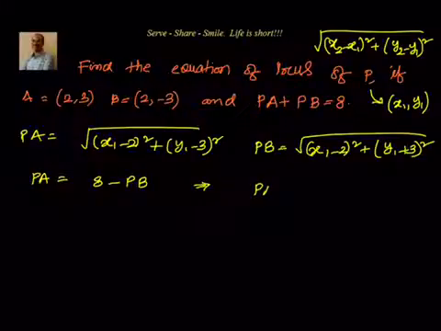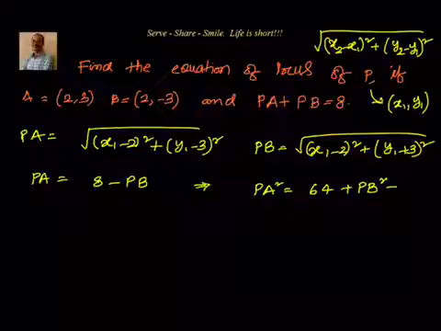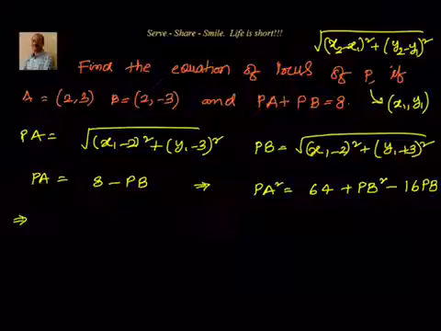So I'll have PA square equal to 64, using the (a minus b) whole square formula, plus PB square minus 16 into PB. Now we can substitute the values whatever we have. PA square, that means the square root will go away.